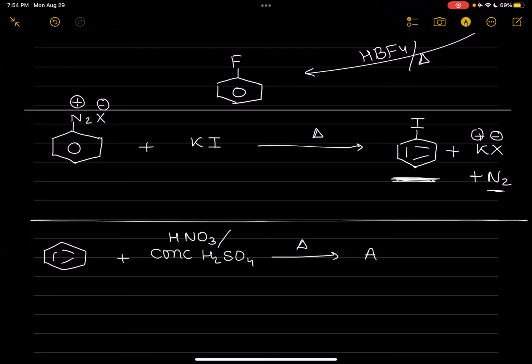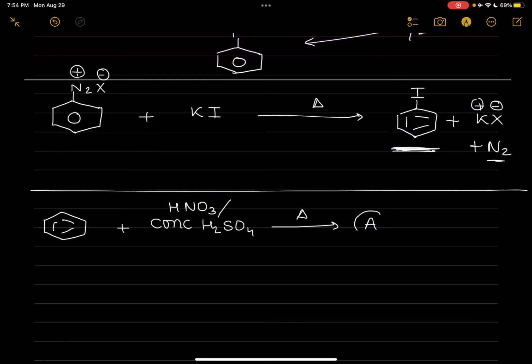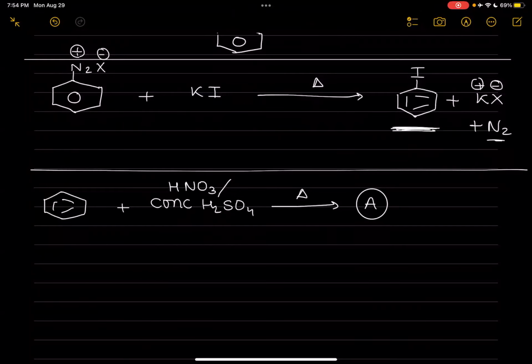What will you get here? What is the structure of A?